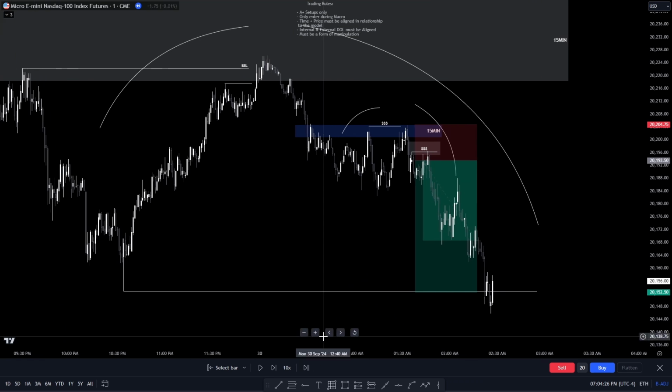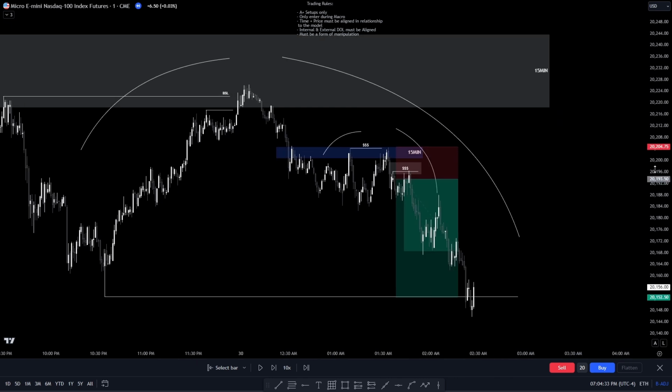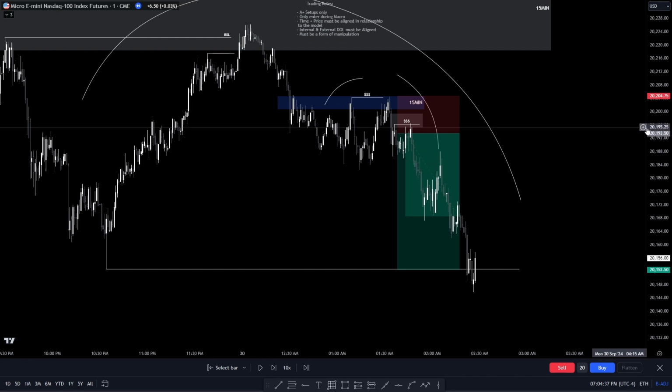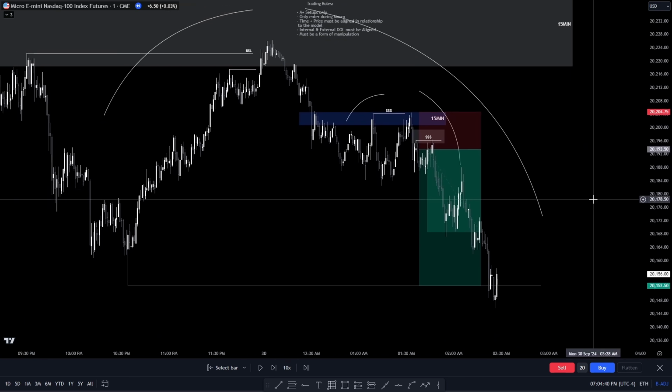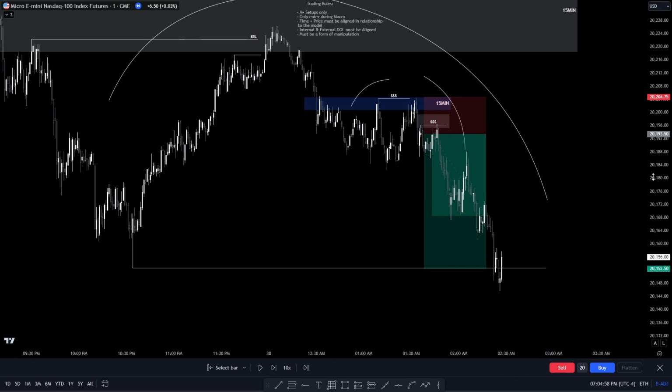For those who aren't familiar with macros or don't know what they really are, they're just a time of the day during the New York session, and London too has some, where price, and the way I've learned it or seen it too, a 20-minute period in price where price will basically go to your draw on liquidity, or basically go to its determined draw on liquidity that it's set to go to faster.